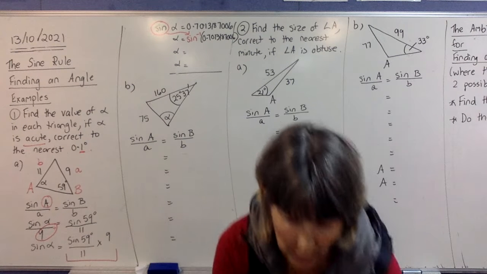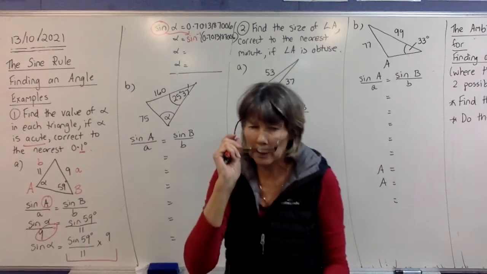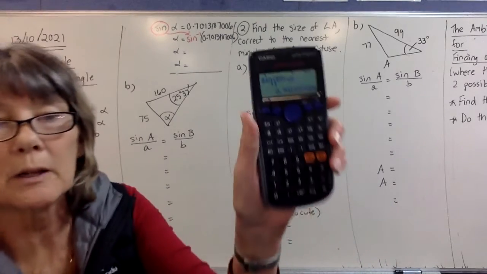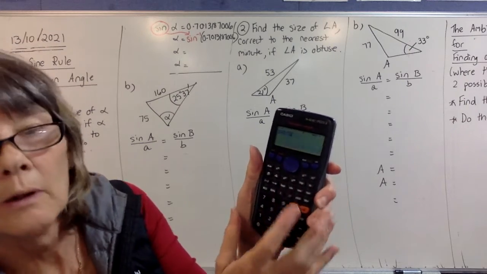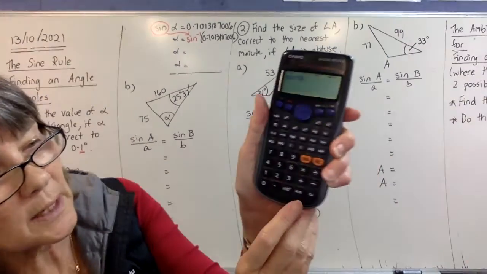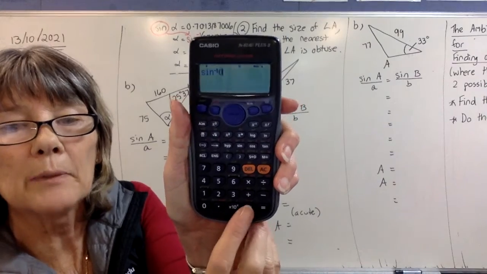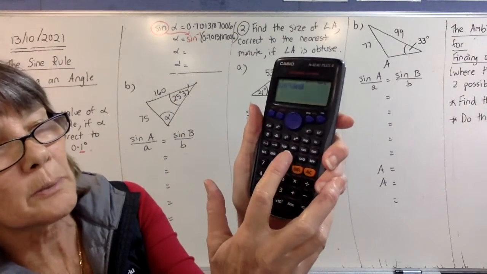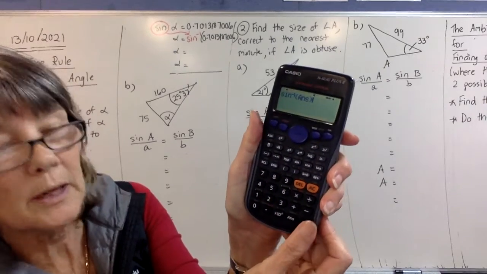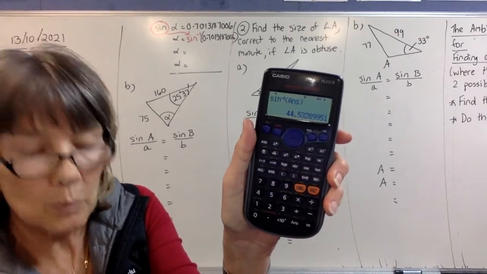Now, when you go to your calculator to do it, there's my answer still on my calculator. So we're going to do shift sine, right? And now we're going to press the answer key, which will be bringing up the last answer we had in the calculator. And just close the bracket off and press equals. And that's what we're writing down.